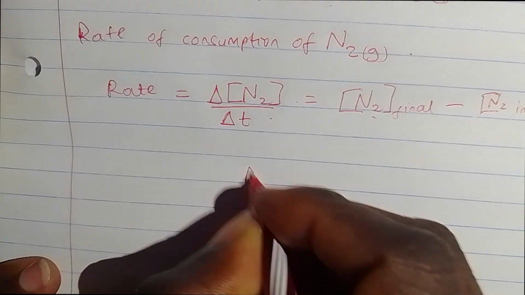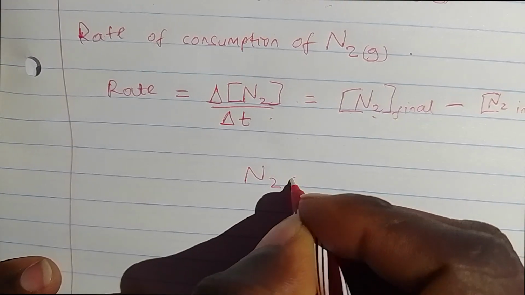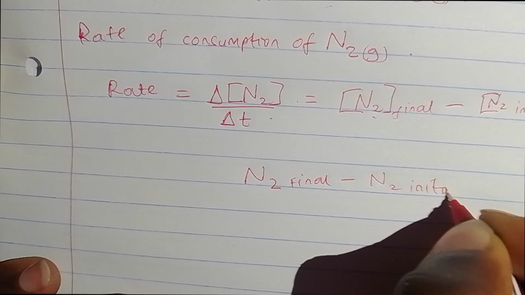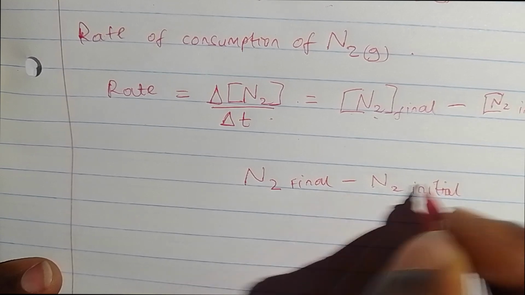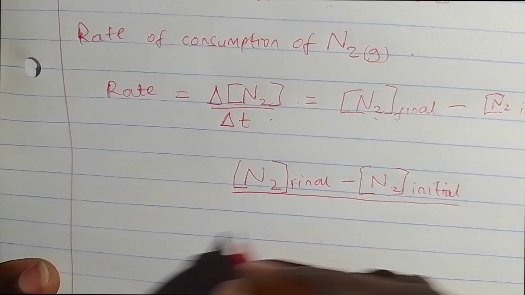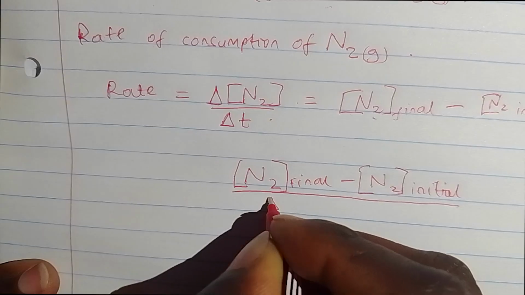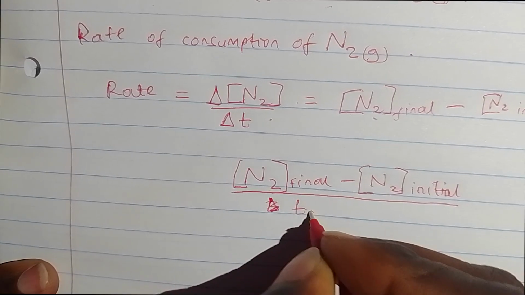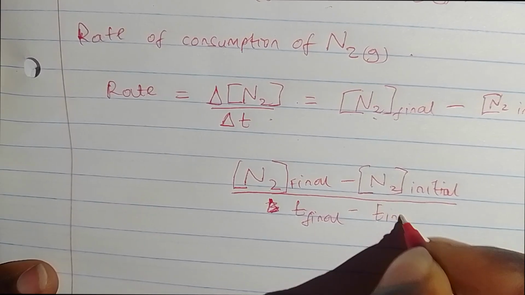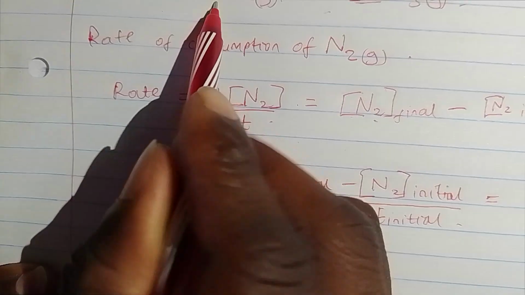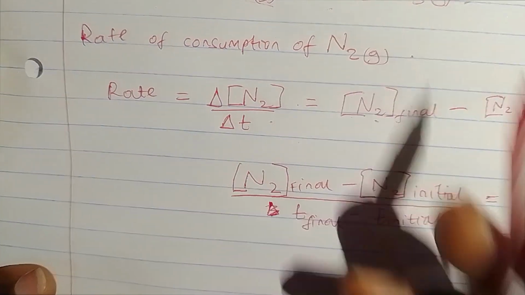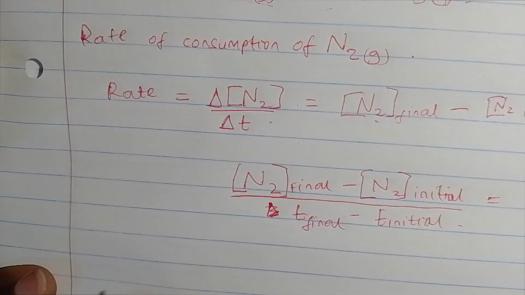Here it's N2 final minus N2 initial, divided by the final time minus the initial time. You use the same for hydrogen, and also the same for ammonia.